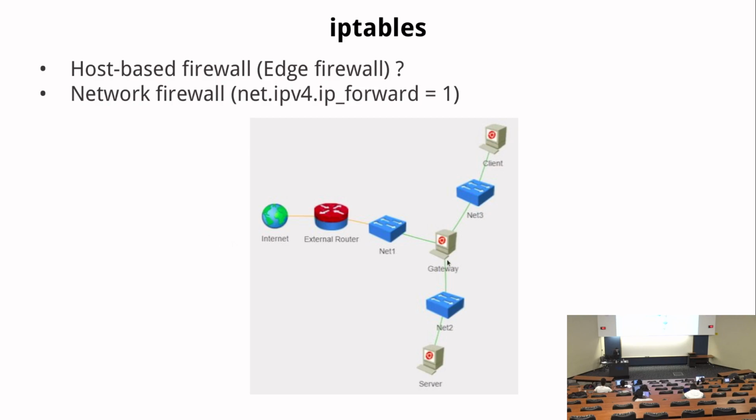This computer acts as the gateway for two other networks, network 2 and network 3, and it also connects to the internet. So this Linux box can just act like a networking device and use iptables to specify the rules.